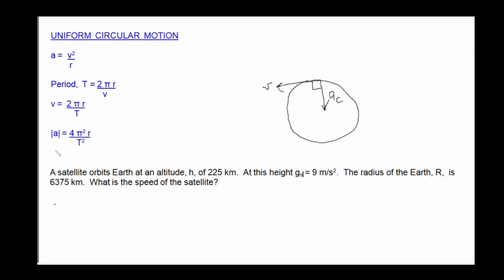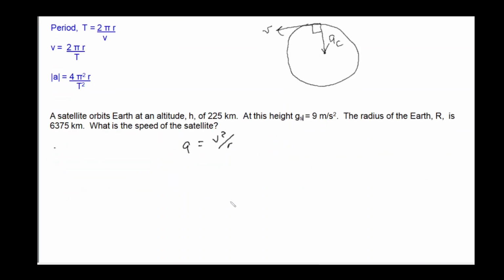Well, we know that acceleration is equal to v squared over r. And if we substitute what's given in this problem, acceleration in this case is g sub s, and that is equal to v squared over r, where r would be the radius of the Earth plus the height of the satellite.